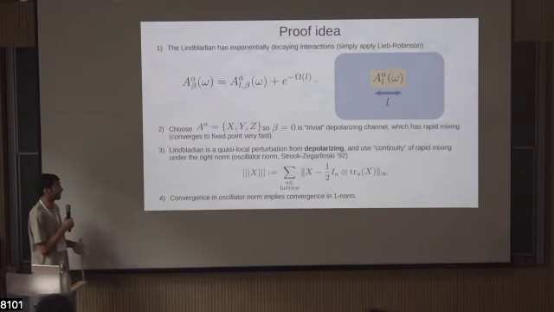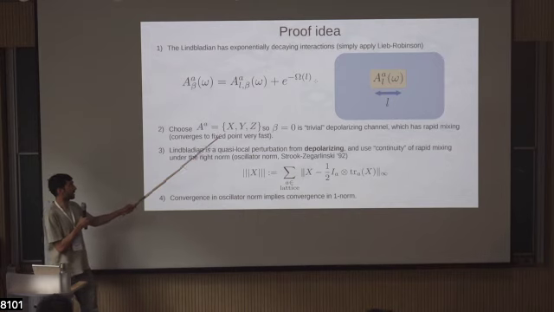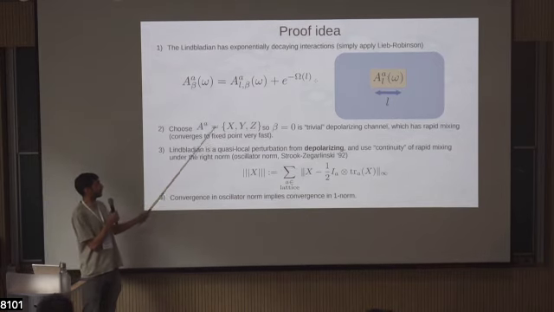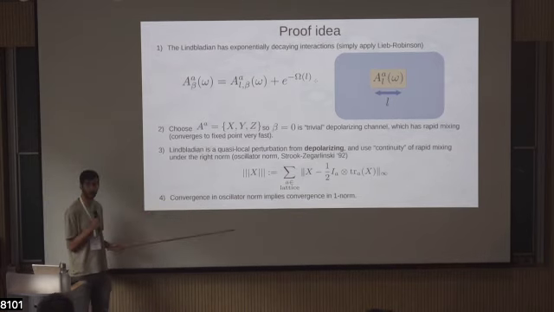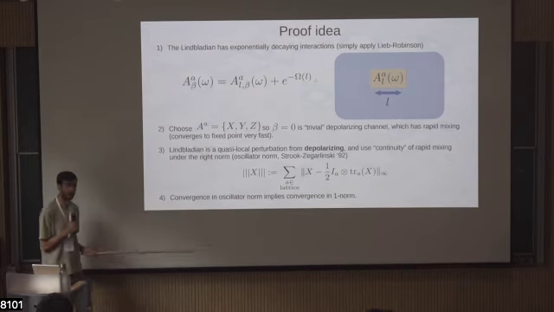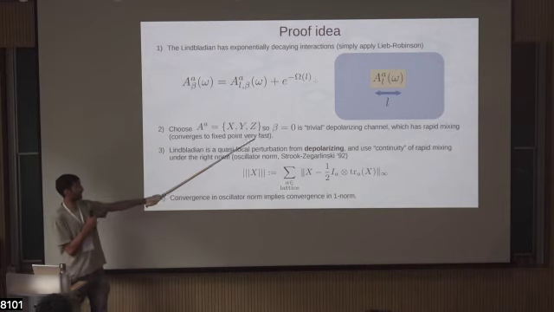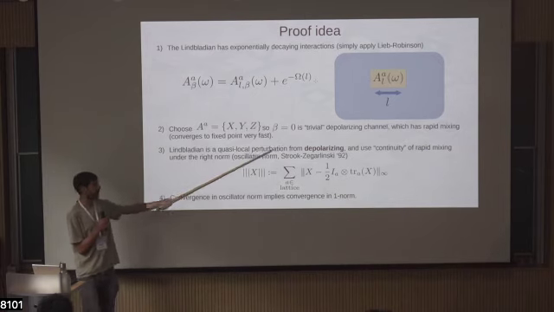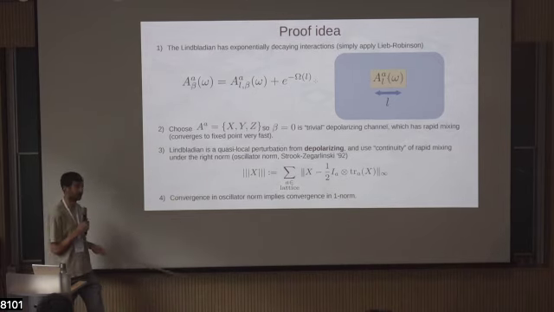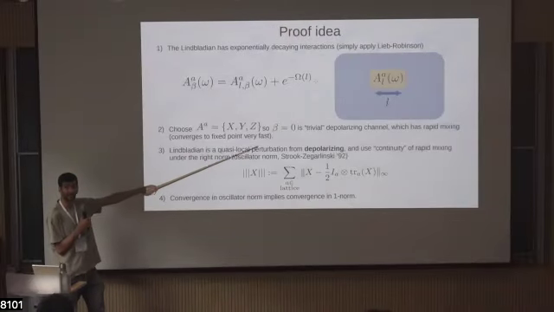Now we have to make an extra assumption, which is that the jump operators we took initially have to be nicely behaved. The most natural choice for us was to take all the single-body Paulis. The reason for this is that we really want, in the limit of beta equals 0, for this to become a very simple Lindbladian that we know how to understand. This Lindbladian is essentially the depolarizing channel.